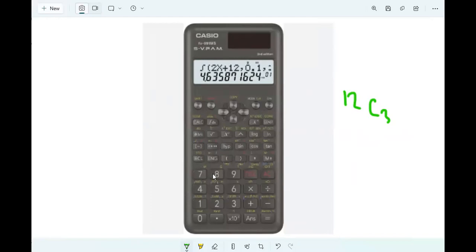Where's the combination now? It's very important that you know your calculator, and the way we use the calculator is the same way you use your remote control. Just make sure that you follow the guidelines properly.